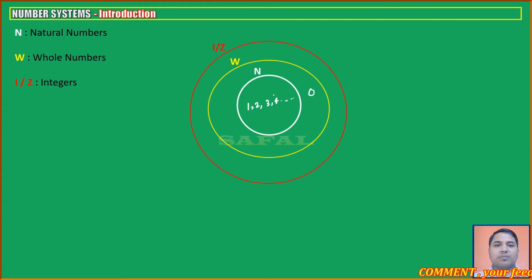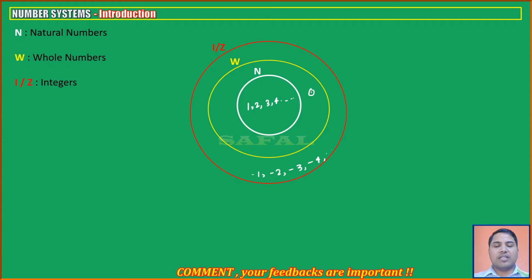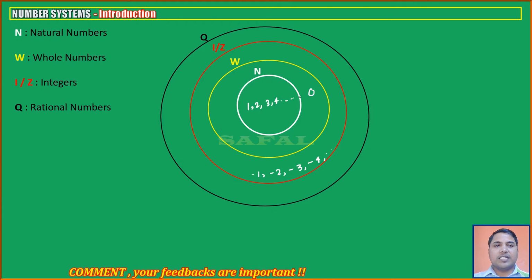After whole numbers we saw integers. So integers are basically natural numbers, negative of natural numbers, and 0. So we can write -1, -2, -3, -4, etc. Natural numbers, negative of natural numbers and 0 together form what? Integers, that we have already seen. Now an even bigger collection than integers is what?